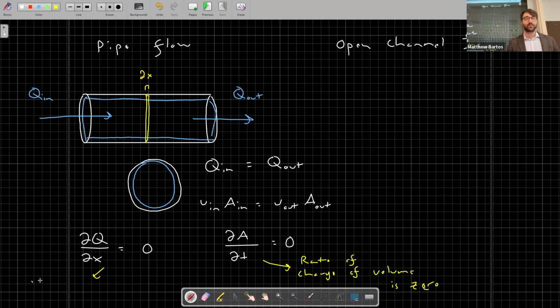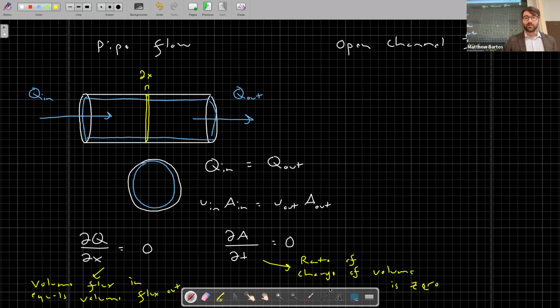So I'll write the volume flux into that infinitesimal element is equal to the volume flux out. So in many ways, this simplified our life considerably. We could always assume that the flow in was equal to the flow out for a given pipe section.